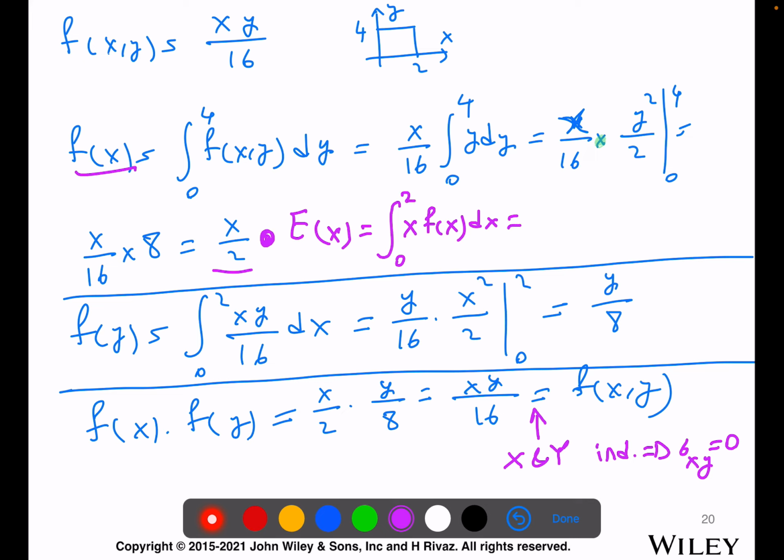So that's going to be the integral of x squared divided by 2 from 0 to 2. And that's going to be x to the power 3 divided by 6 from 0 to 2. And that's going to be 8 divided by 6 or 4 divided by 3, right?